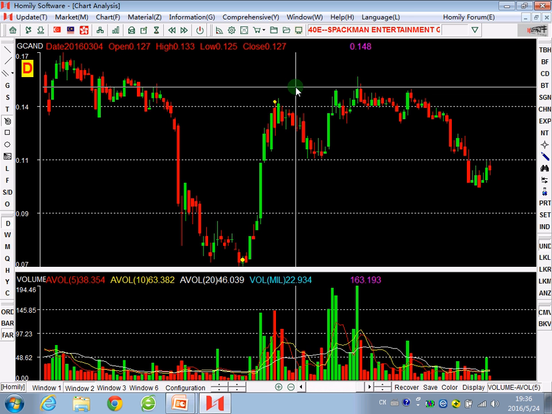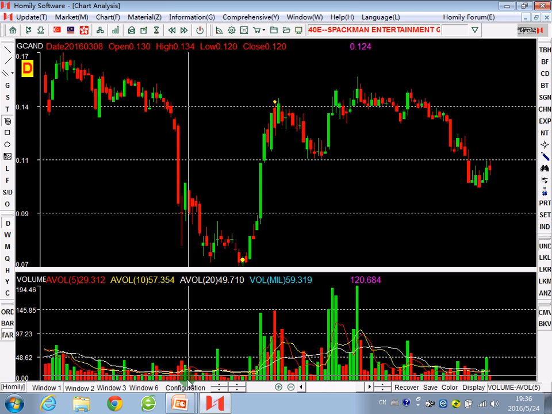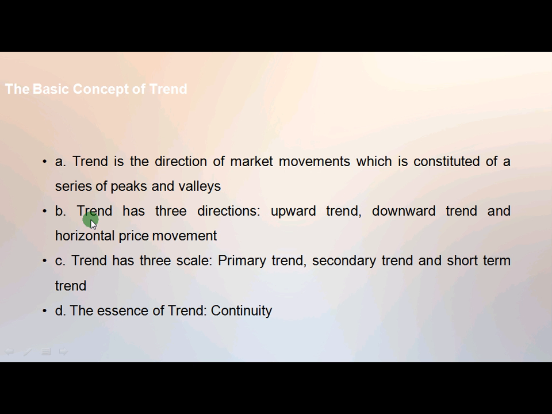If you see the candlestick like your finger, you can judge this is the low point, this is the high point. Okay. So this is this one. Then we can see next one. Trend has three directions: the uptrend, downtrend, or horizontal price movement, like the sideways. Okay.